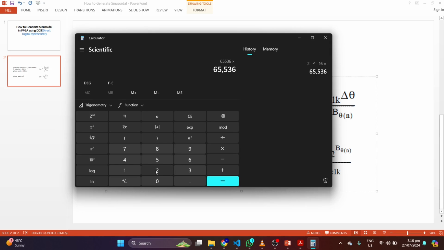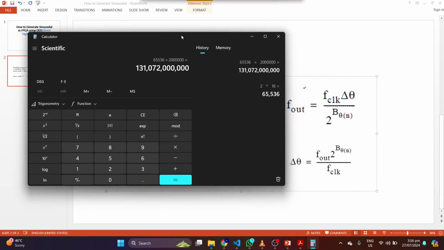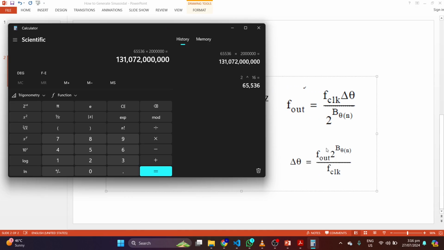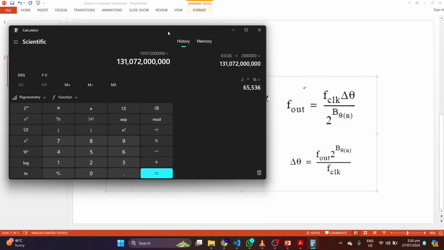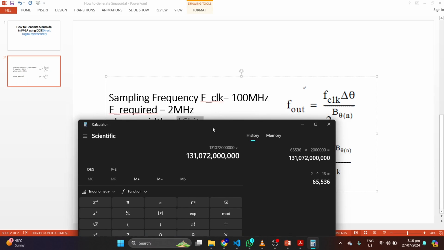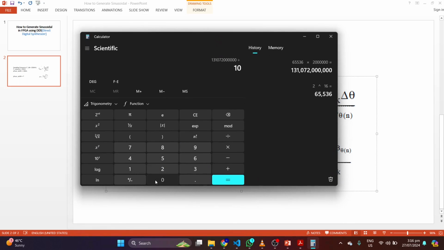We multiply this value with 2 mega, 2 and 6 zeros, and divide the multiplication of these two values by f clock, which is 100 mega.